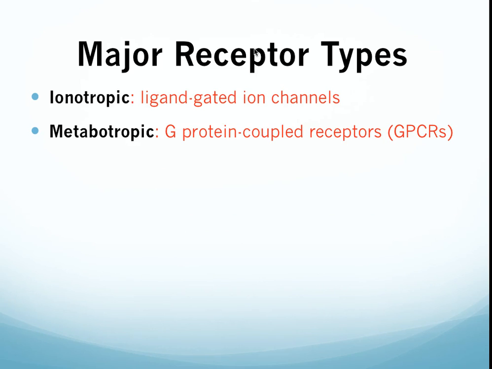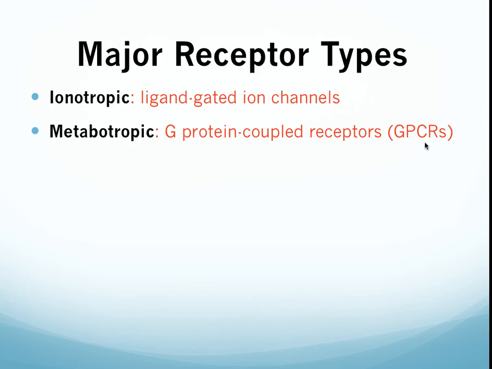And the second type is the metabotropic receptor. Now, for our purposes, we're going to be talking about GPCRs, so G protein coupled receptors, and we're going to talk about G proteins and what that means very shortly here. But metabotropic is named as such because they affect many metabolic processes.